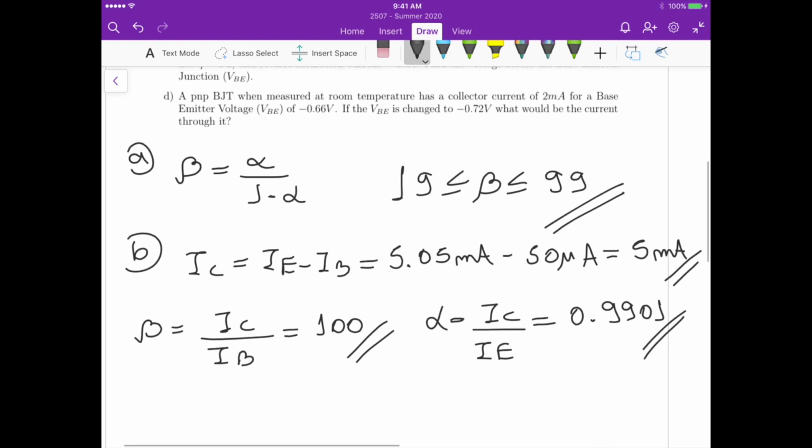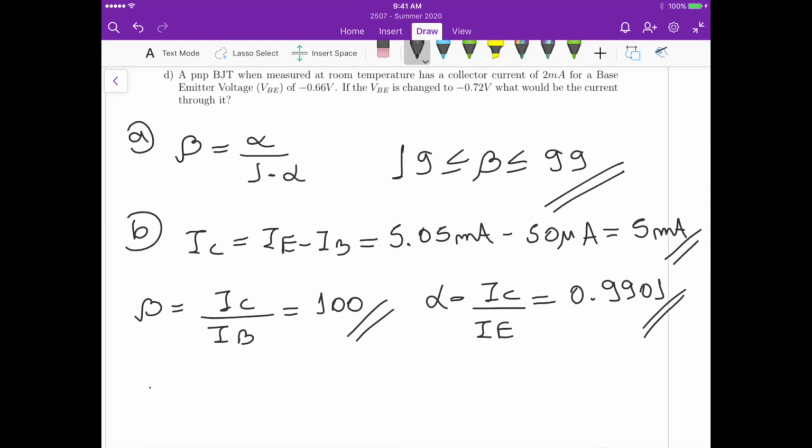So for part C, we know that VBE is equal to N times VT times natural log of IC divided by IS.